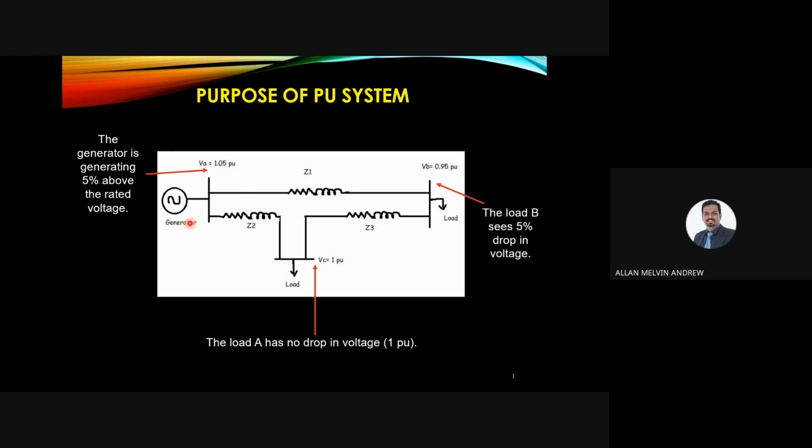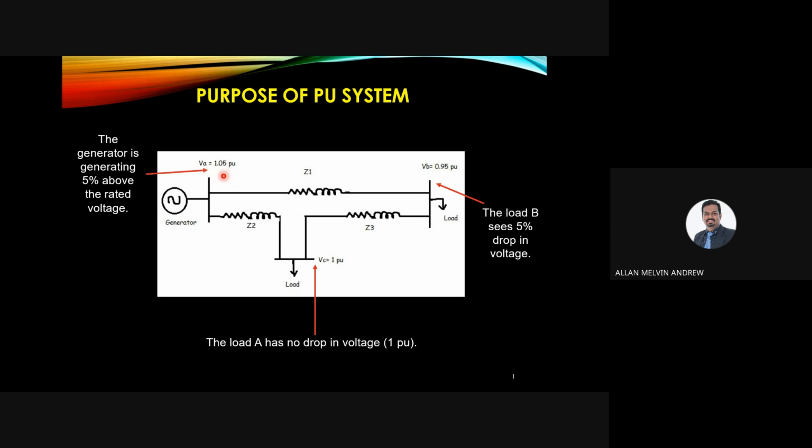So we can see here the generator is generating 5% above the rated voltage. Usually you start with 1 pu. Okay, 1 pu is the reference point. Everything starts with 1. Based on this, at this point the pu value is 1.05.